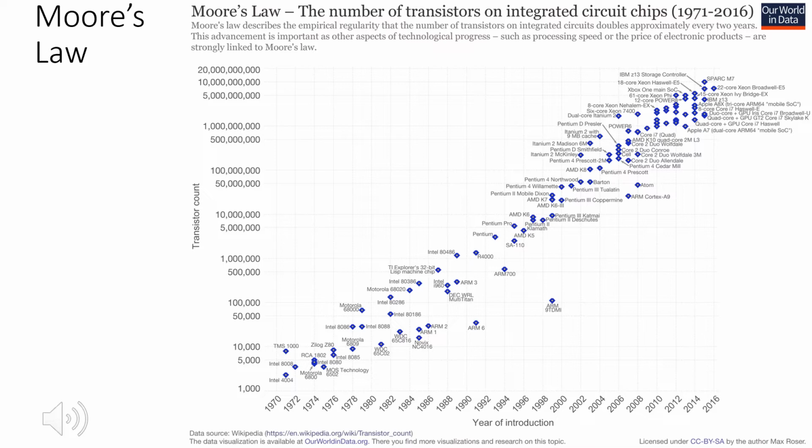What we observe is that Moore's law describes the empirical regularity that the number of transistors on integrated circuits doubles approximately every 2 years. And this trend has actually slowed down in recent years. You can see this on the slide, a dip in the curve at the end.